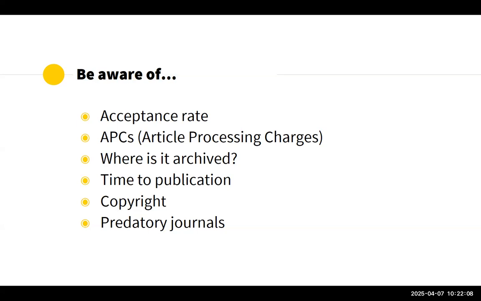Next, you want to be aware of copyright. Is having control of your work important to you? Many journals will have you sign copyright to your article over to the publisher. That means that you can't just post it on your own personal website or wherever you want.